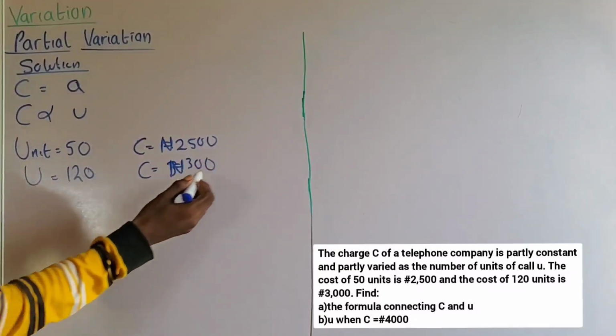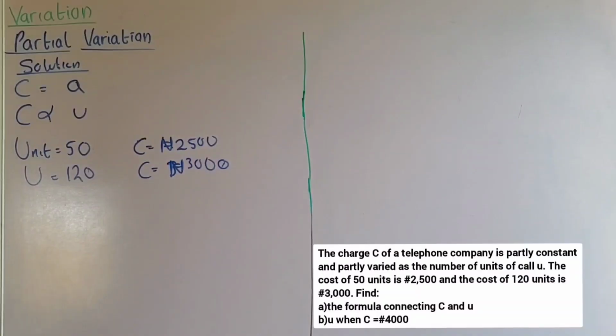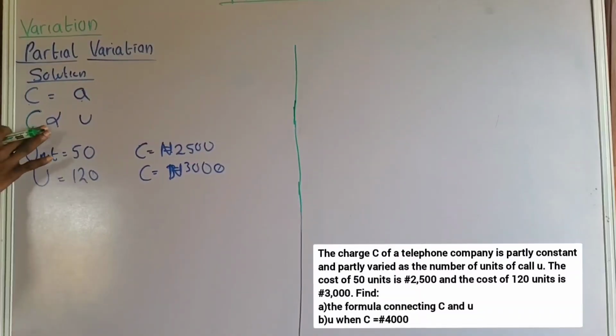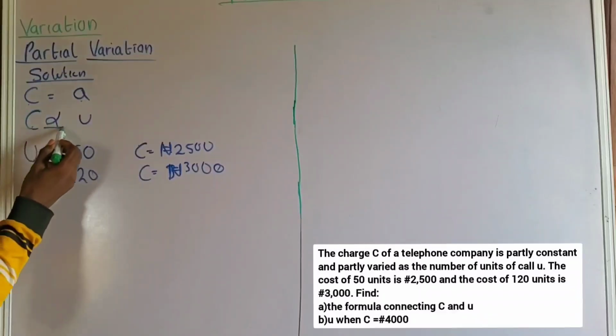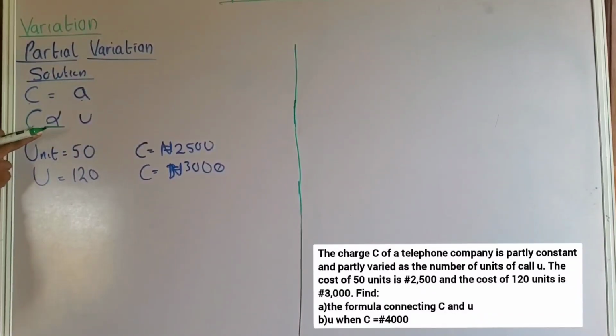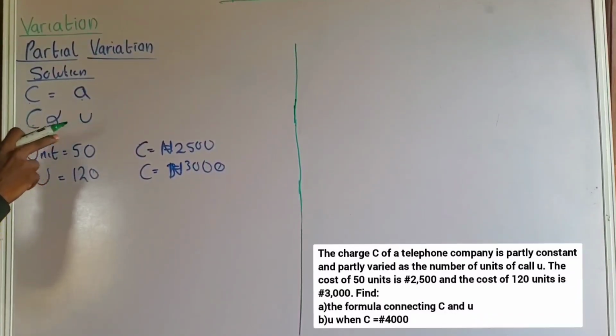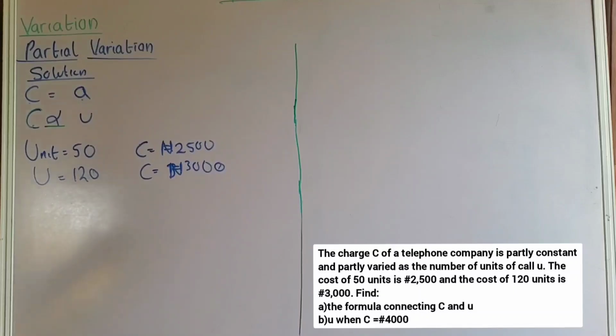Now we are asked to find the formula connecting C and U. Okay. Now let's go back to the first part: a part of C is constant and a part of C varies as U. Let us first change this variation sign to an equals sign. Because this is a variation sign, to change it to an equals sign, we introduce a proportionality constant.